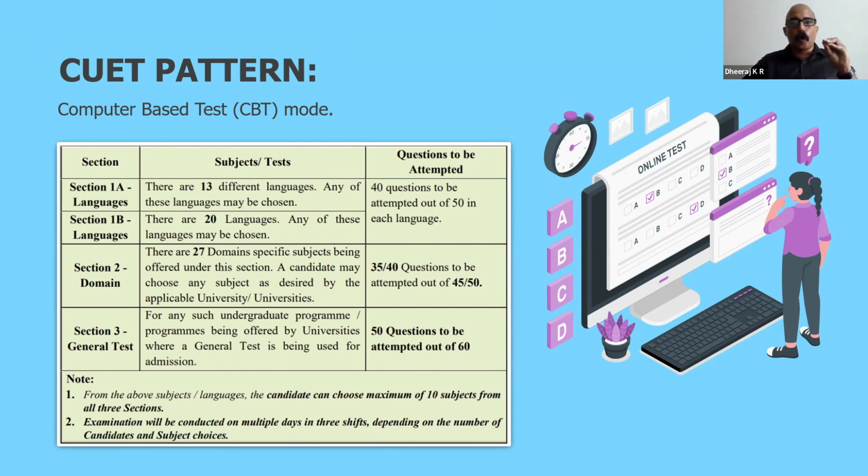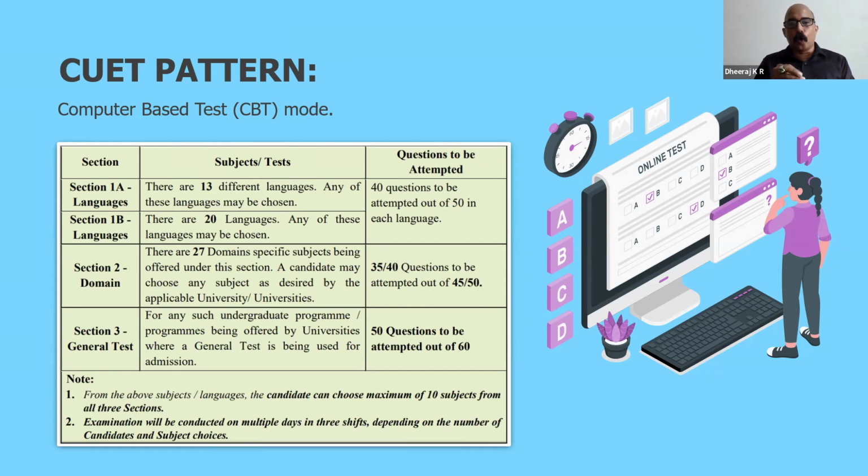If you wish to go for English literature, you need to write the general test compulsorily, plus English language from section 1. So sections 1 and 3 are compulsory. Only section 1 and the general test are taken into consideration.